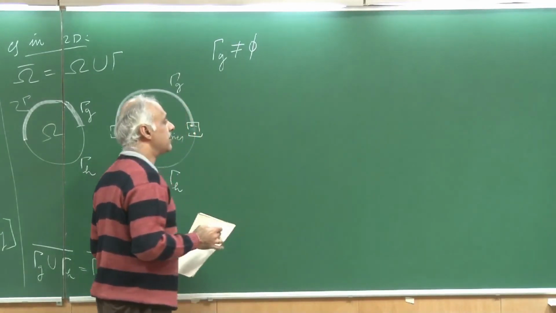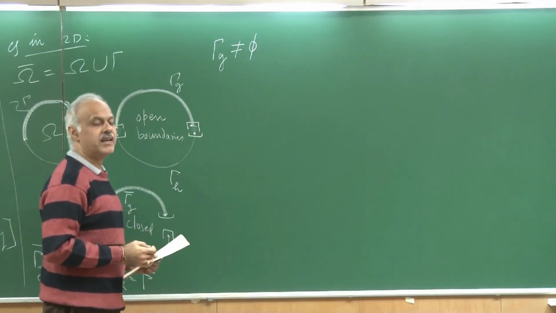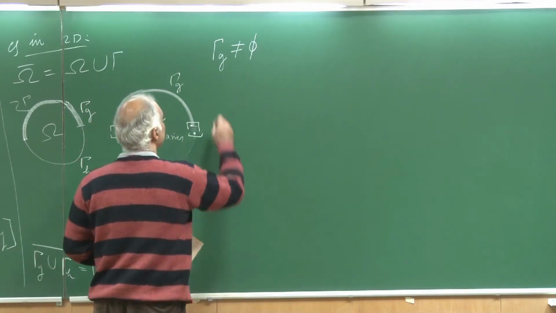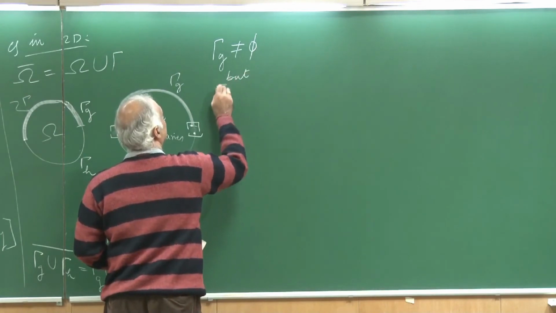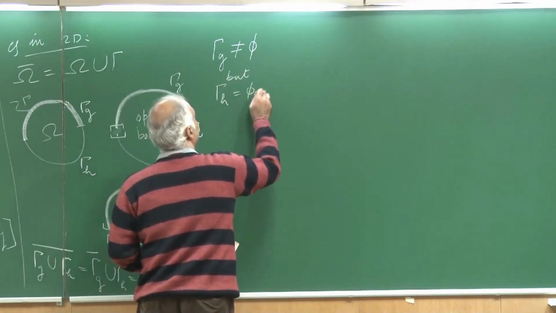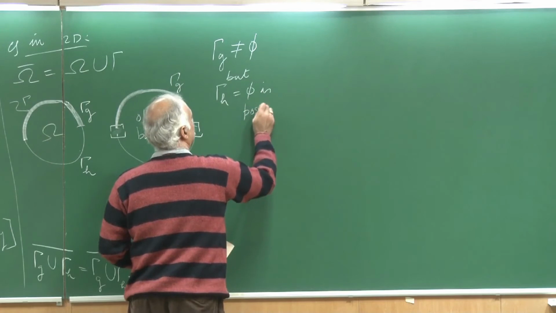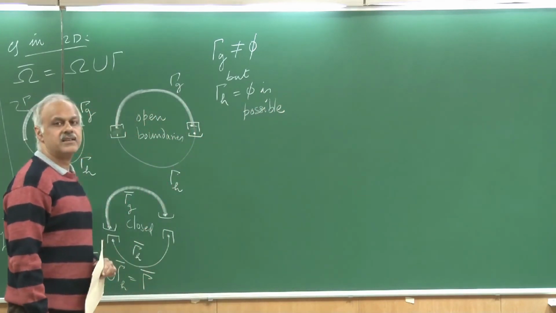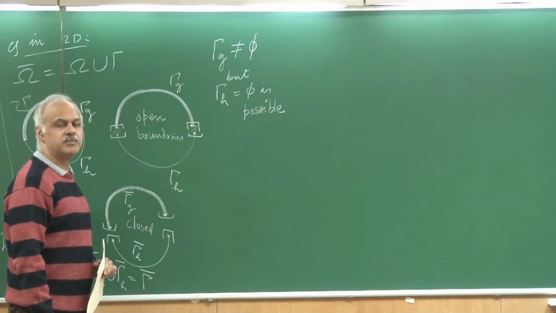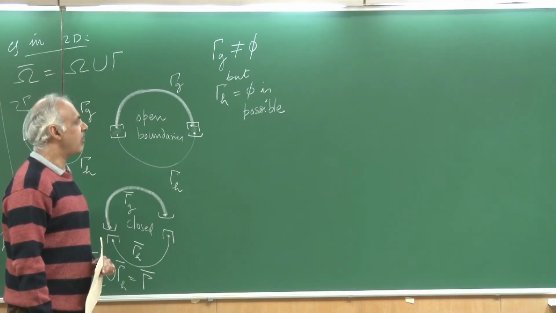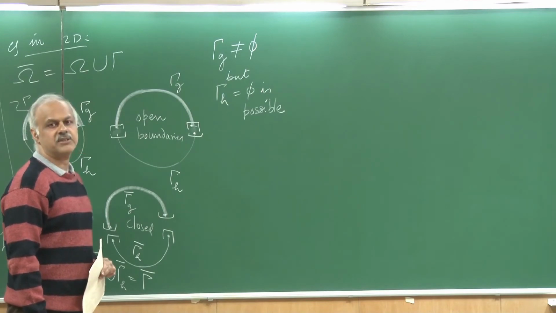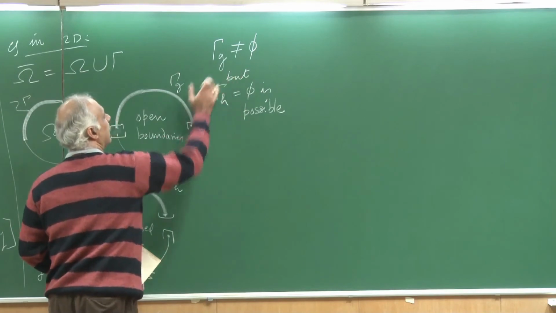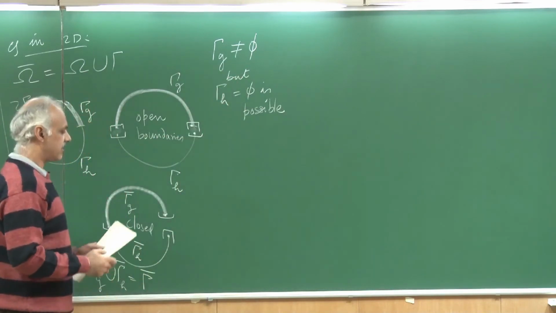Okay. So, there will be at least some points where the boundary will have a Dirichlet boundary condition, but gamma h equal to phi is possible. So, we can have a problem where flux boundary condition is not specified at all, and all the boundary conditions are on the temperature field. Okay. So, this is possible, and we cannot have a null set for gamma g.